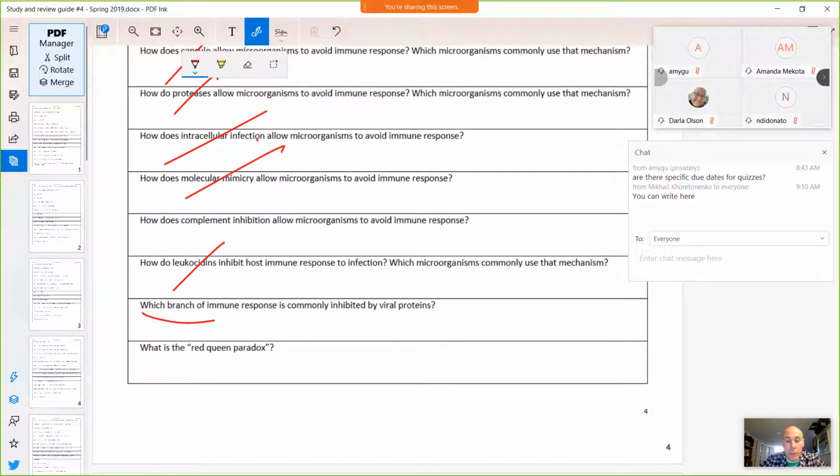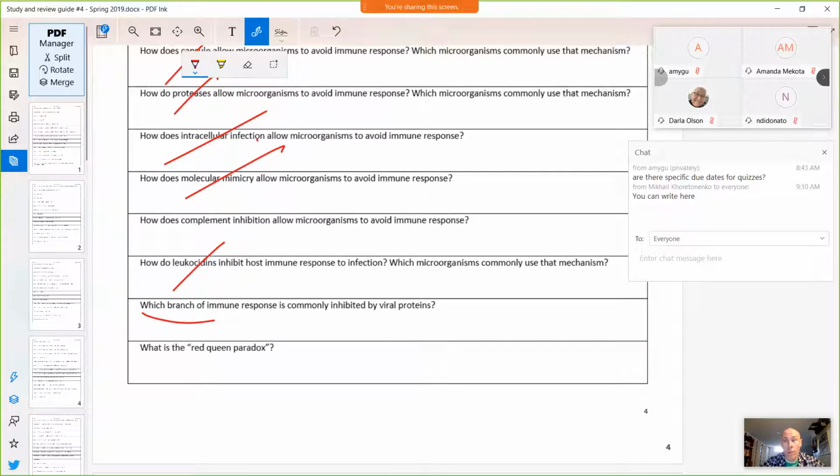And the Red Queen paradox is the fact that pathogens and humans co-evolve. The evolution of the pathogens is to avoid human immune response, avoid being shut down. The evolution of a human is to actually shut down the pathogen.